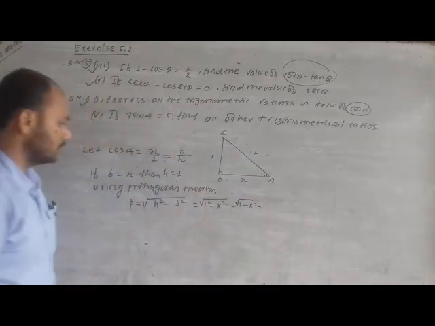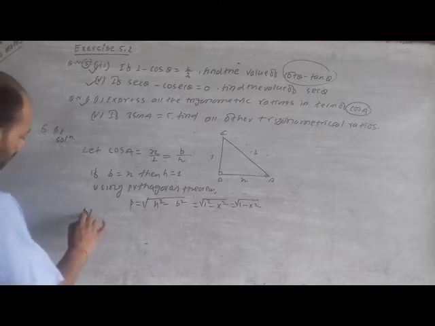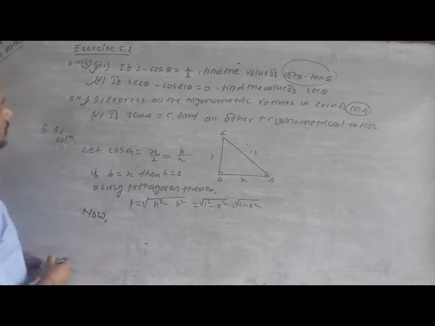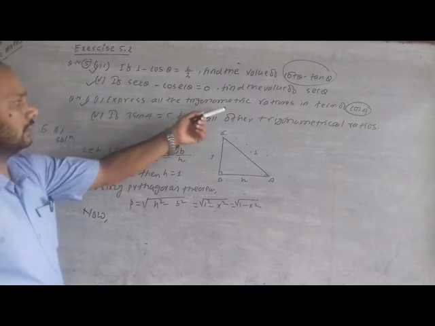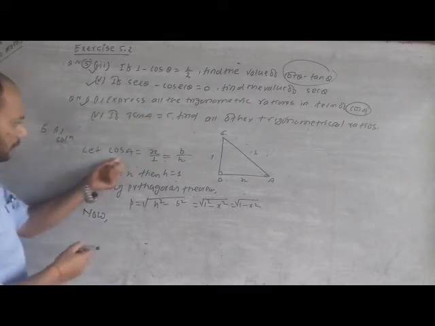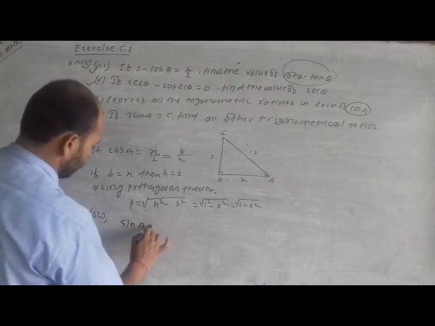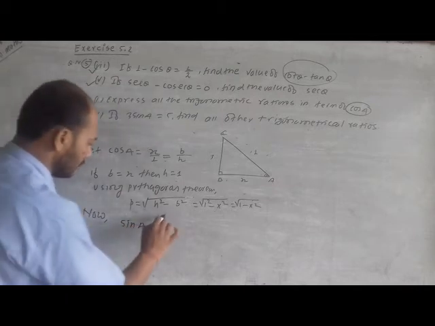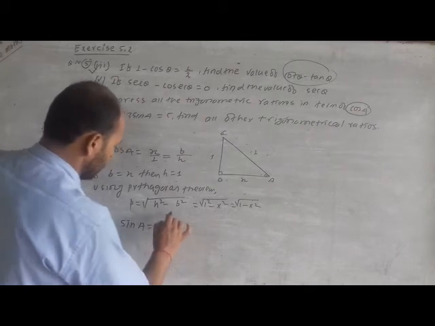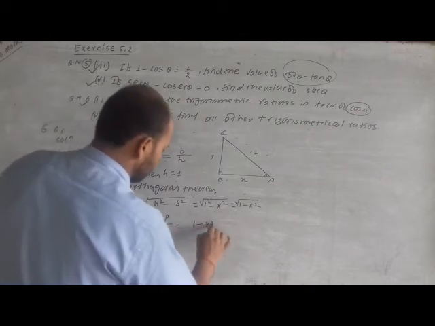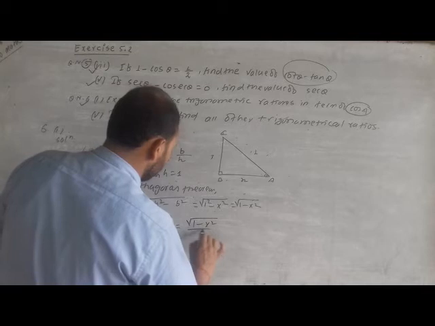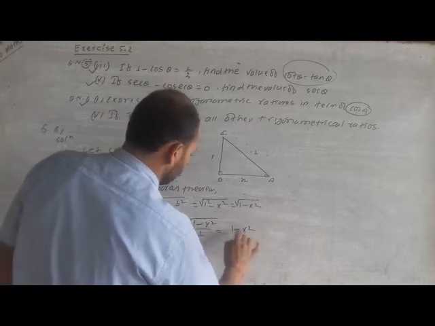First you should find the value of p, and now your question says express all the trigonometric ratios. So here we have already given x. Then you write here sin A. What is the value of sin A in ratio form? P by h. So here p represents root of 1 minus x square, h represents 1. We have root of 1 minus x square.